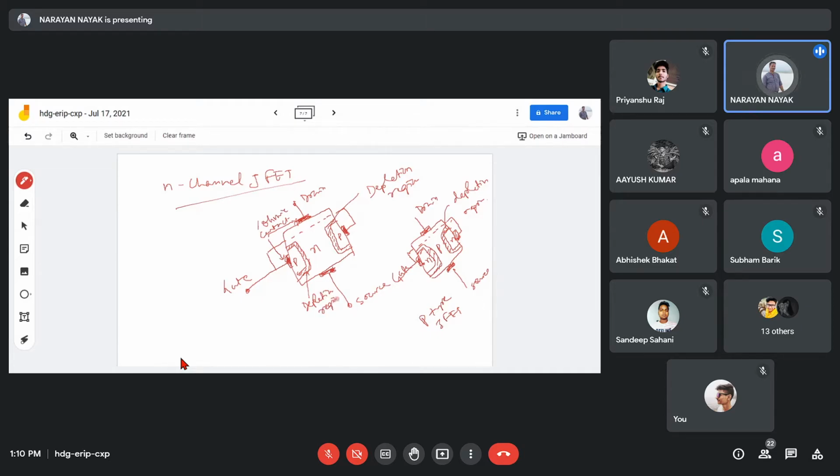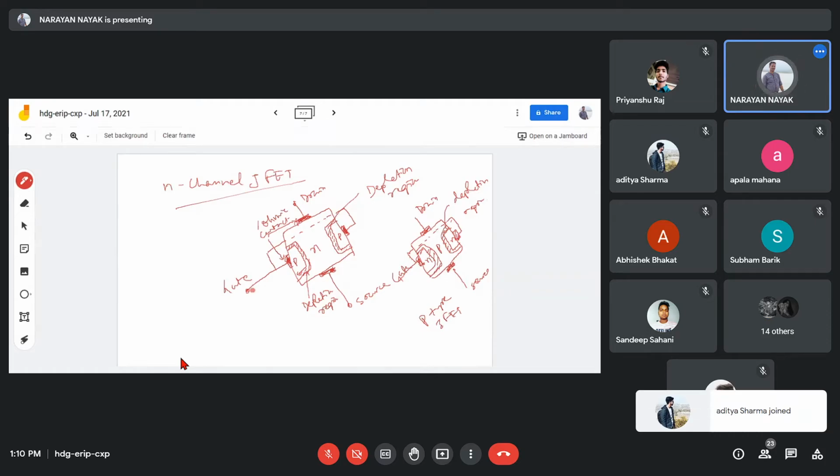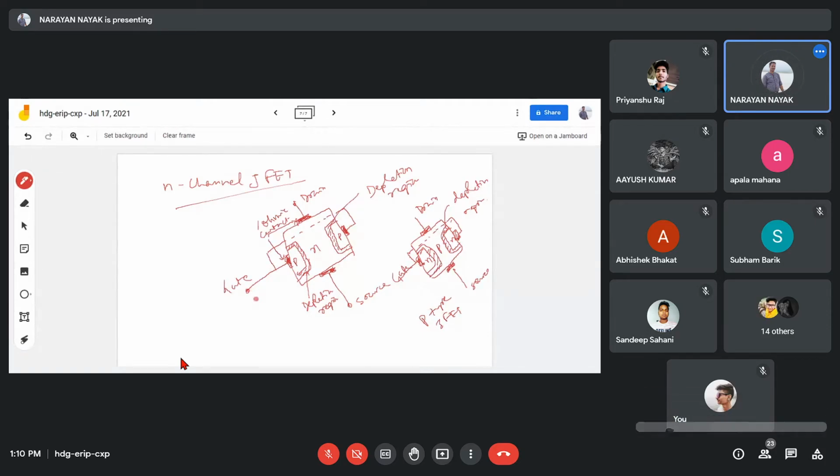Both sides you have depletion regions. Okay. So here, through the gate, you have to supply the voltage. The signal can be transmitted or provided through the gate.